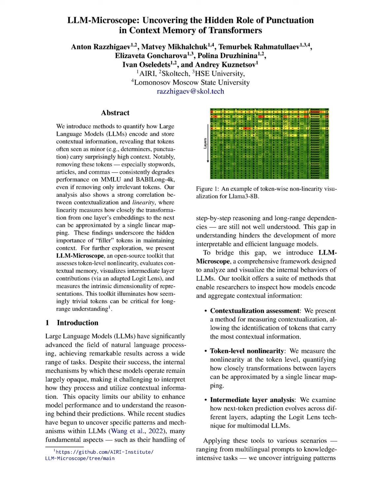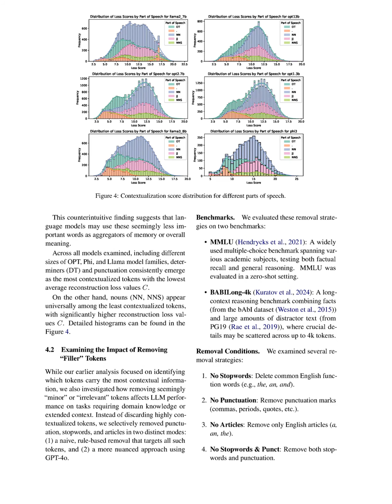Notably, it enables researchers to visualize token-level nonlinearity and contextualization scores across layers, which can reveal critical insights into model behavior that traditional probing methods do not capture. Additionally, the framework demonstrates practical implications by showing that the removal of seemingly trivial tokens, such as stopwords and punctuation, significantly degrades performance on benchmarks like MMLU and BABILONG4K, highlighting the hidden importance of these tokens in maintaining coherent context.